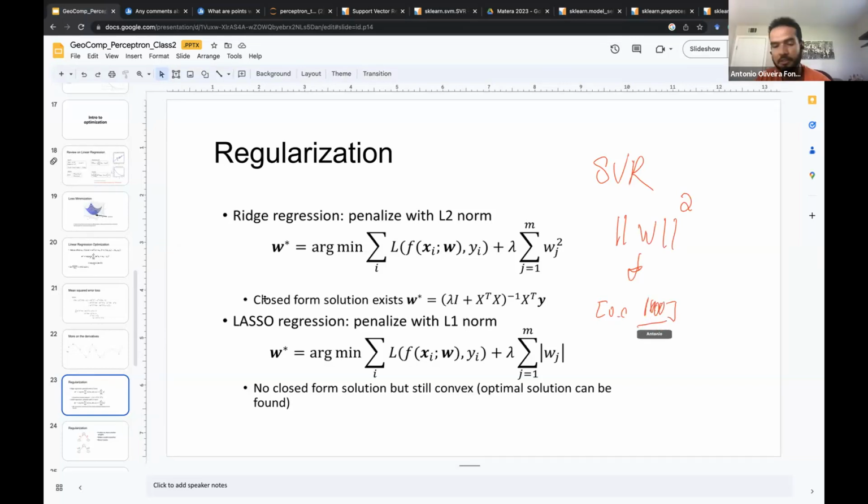This might facilitate some degree of overfitting, because then I'm giving way too much weight to one specific feature of the data, right? And I don't want that, because when that feature changes a little bit, I change my prediction a lot, and that's not good, right? Therefore, we want to put some regularization on these weights, right?